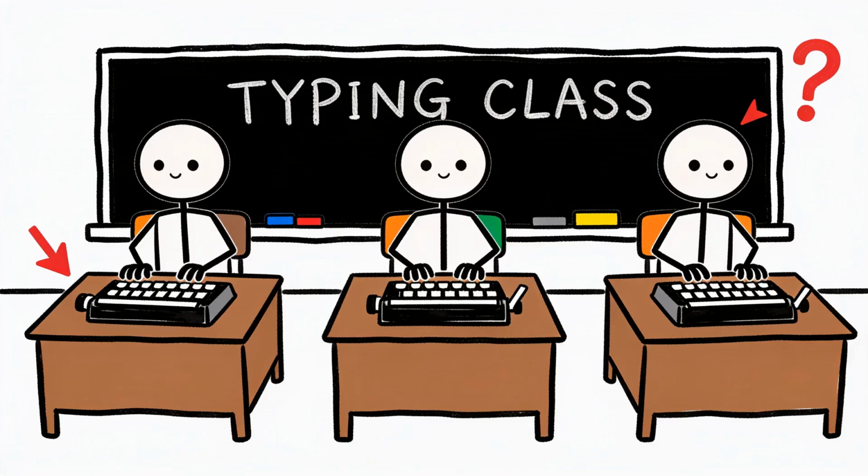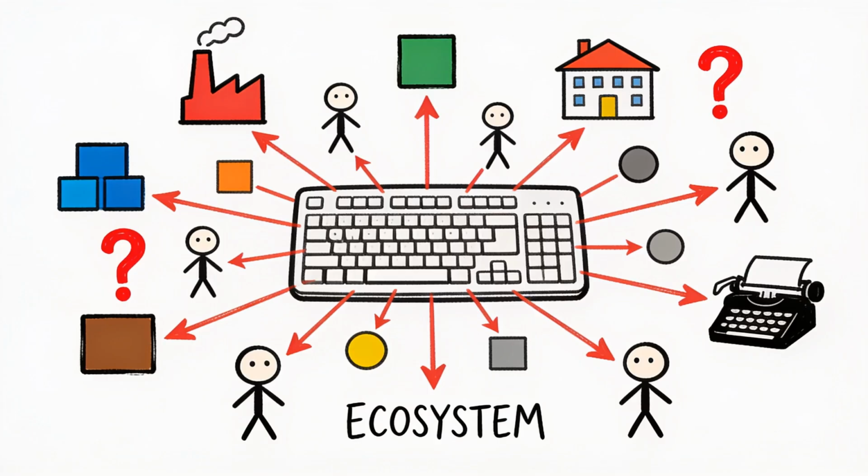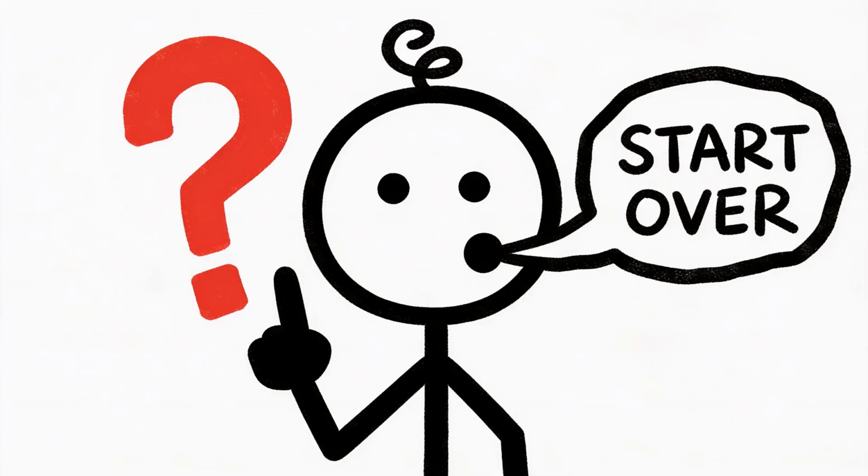As businesses adopted Remington's machines, people invested time learning the layout. Schools began teaching it. Secretaries practiced it for hundreds of hours. Manufacturers copied it because customers expected familiarity. The layout stopped being just a design. It became an ecosystem.